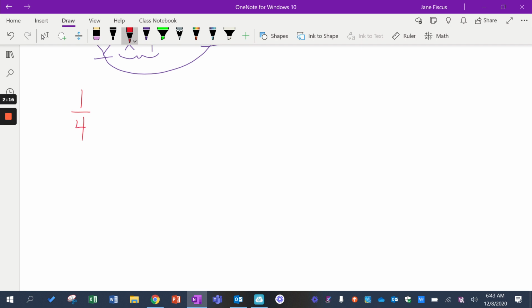And then we're going to multiply 1/4 by another fraction that's equivalent to 1. How about I draw a great big number 1? This will symbolize a fraction that's equivalent to 1. And because we understand the identity property of multiplication, we should get the same identity.